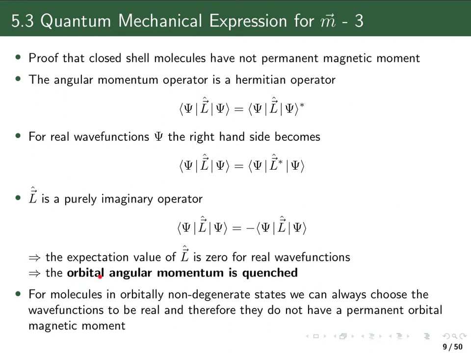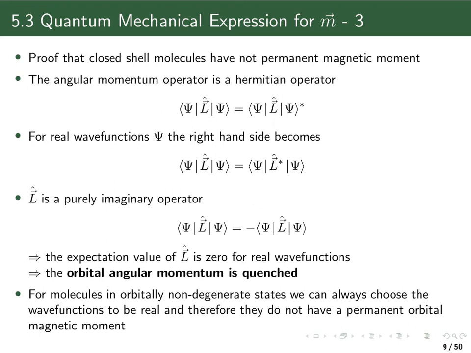And one says the orbital angular momentum is quenched. So the expectation value of the angular momentum operator is zero for real wave functions, and for all systems which have closed-shell molecules, one can choose the wave function to be real.